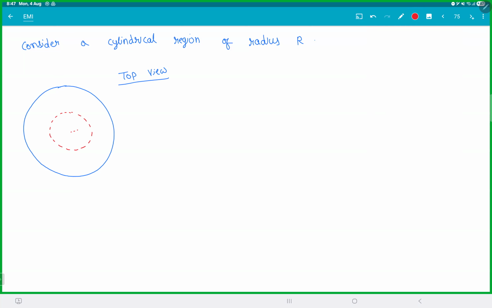Let's say at a distance r, we are trying to find the electric field. Let this be B naught t, B of t. So B is changing with time. We don't know the function though. So same thing, if you look at the side view it would look like this.